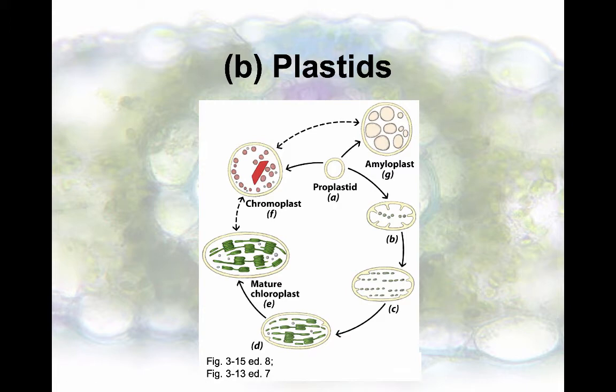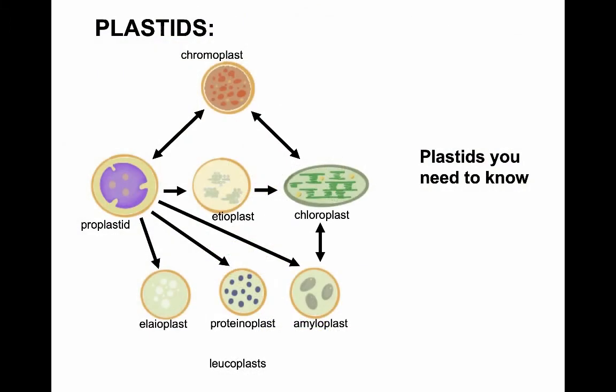Well, I actually like this illustration a little bit better. And basically it's showing you this same idea, this proplastid differentiating. And in a lot of cells that are getting ready to become photosynthetic, maybe like an embryo that hasn't yet met the sunshine, we have this thing called an etioplast, so that it's ready to go when light hits.